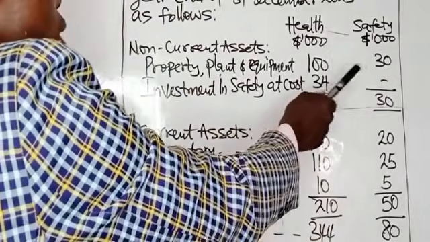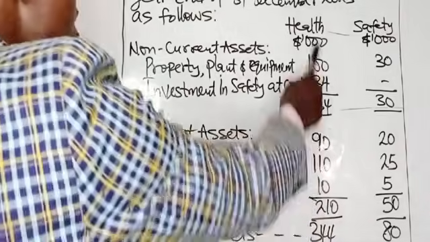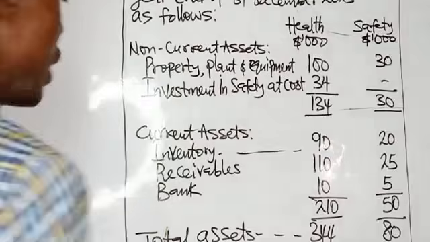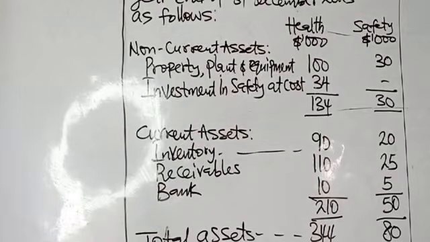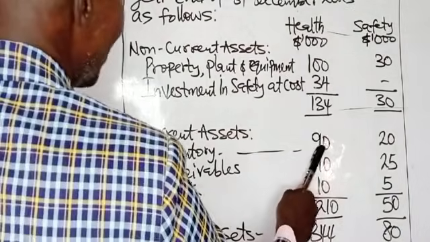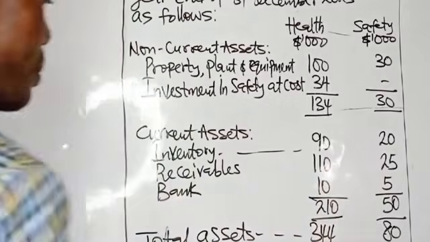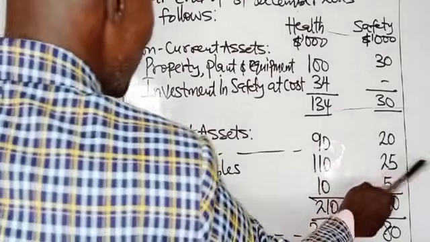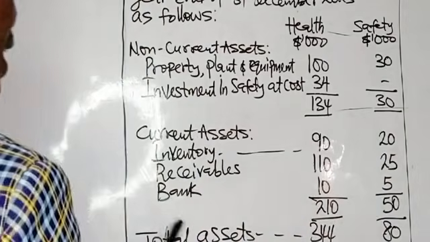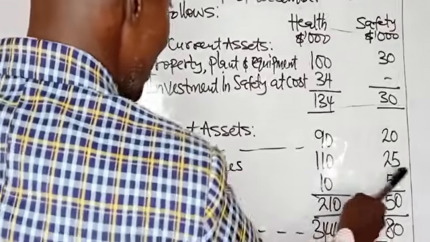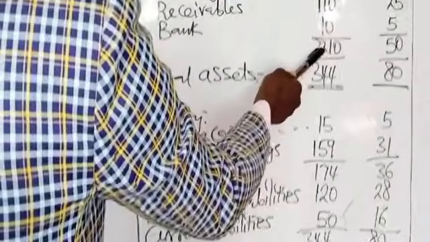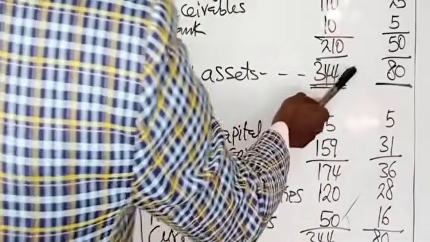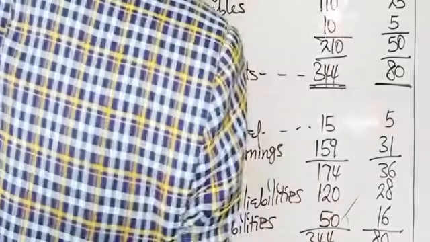Investment in Safety at cost, Hertz 34. Total non-current assets 134 and 30. Current assets: inventory, Hertz 90, Safety 20. Receivables, Hertz 110, Safety 25. Bank, Hertz 10, Safety 5. Total current assets, Hertz 210, Safety 50. Total assets, Hertz 344, Safety 80.